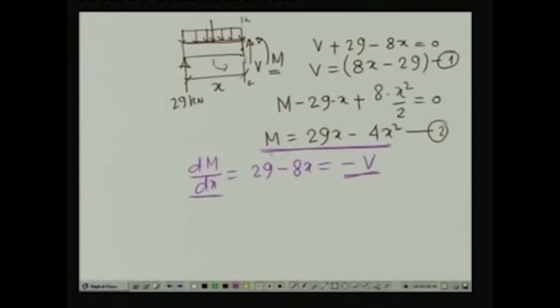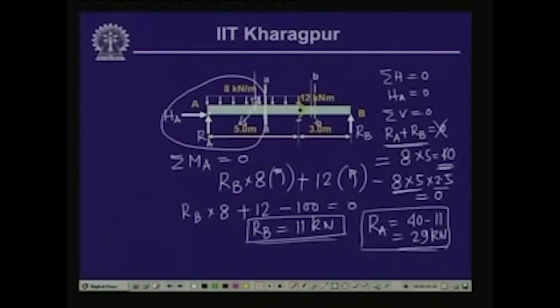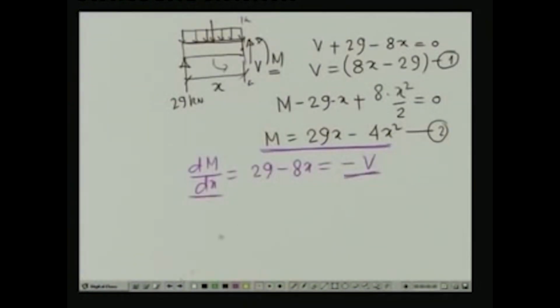Now, let us calculate the value of the bending moment at the limiting point, where the uniformly distributed load comes to an end, and there we have a concentrated moment, and on this part we do not have any loading. So, let us see what the consequence is.